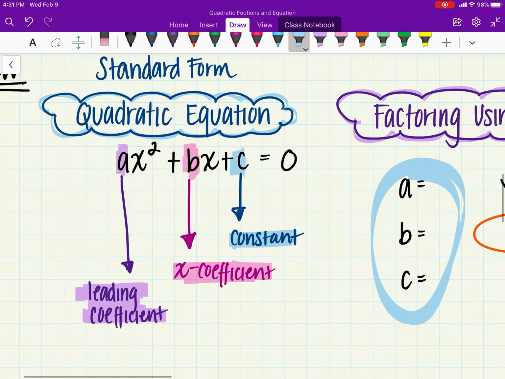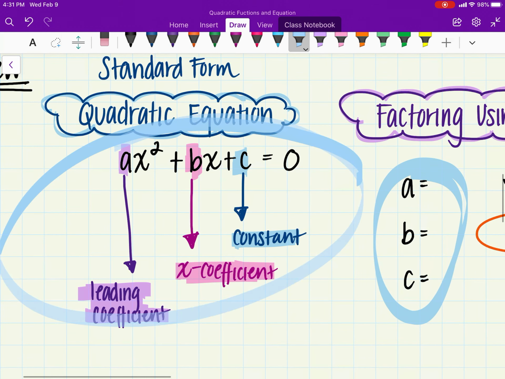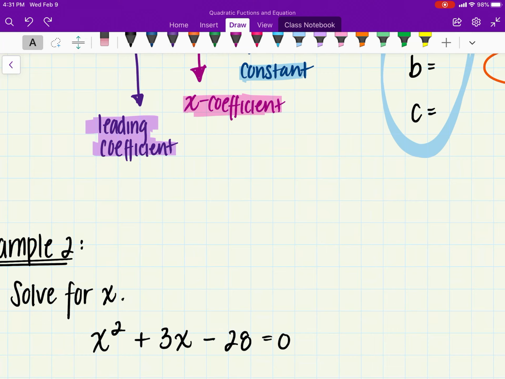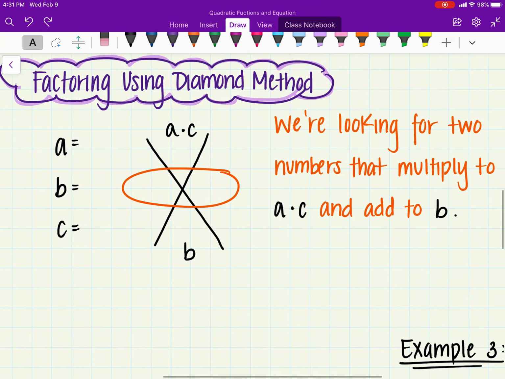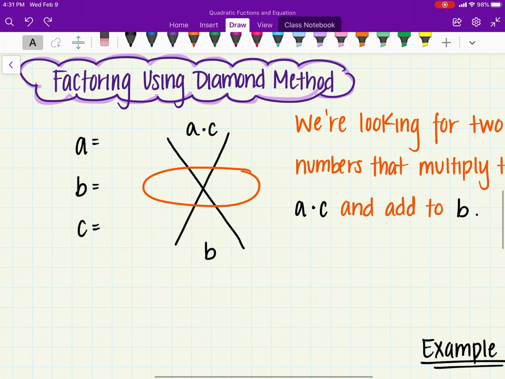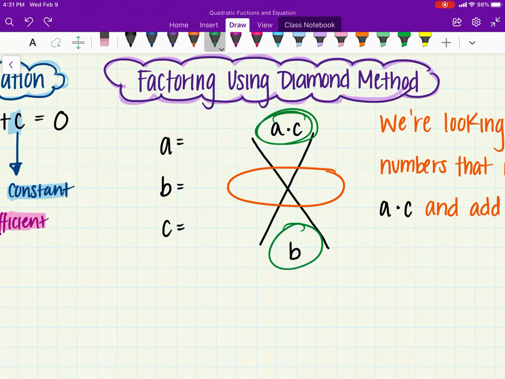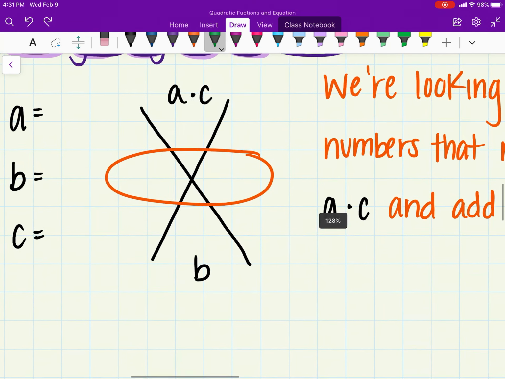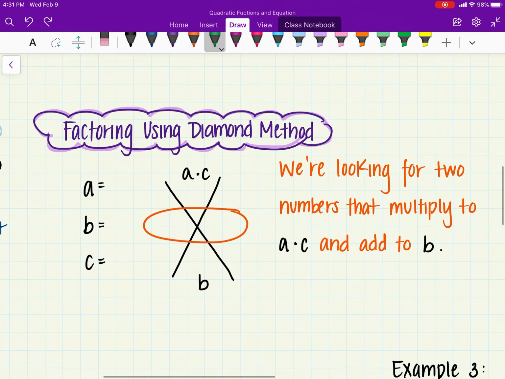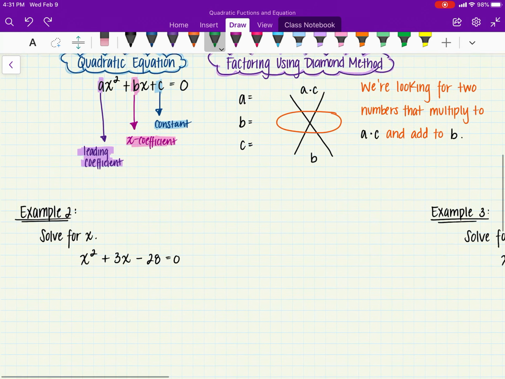And we actually get that from our quadratic equation. How the diamond works is that on top you have a times c, and on the bottom you have b. So you need to find 2 factors that multiply to your top, which is a times c, and at the same time add to b. So let's see this here, guys.